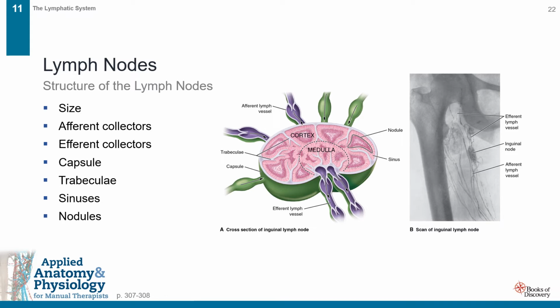Within the sinuses are small islands or nodules made up of clusters of macrophages and other specialized immune cells. Similar to the flow of a river that is impeded by boulders and numerous small islands, lymph flow through the node is slowed by the irregular network of sinuses and nodules.